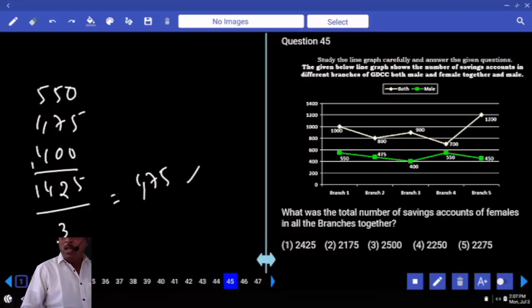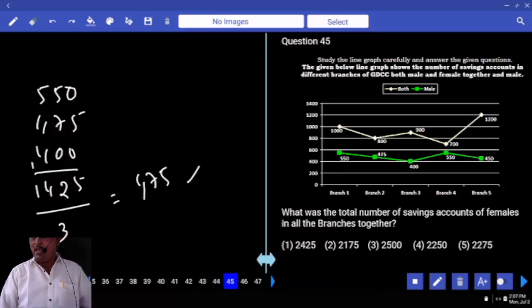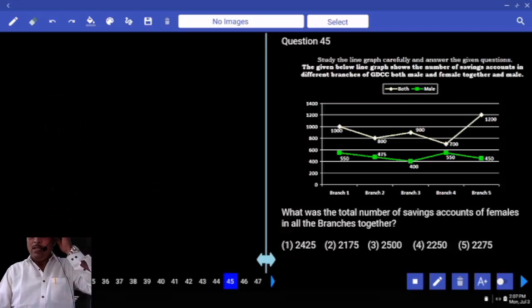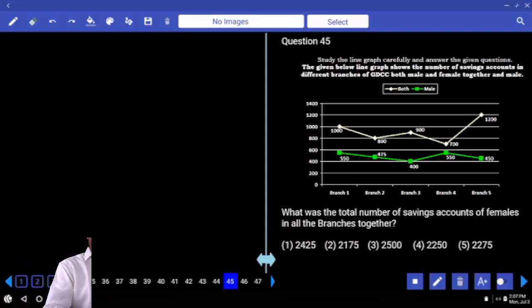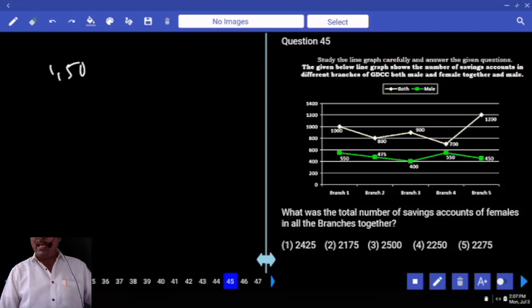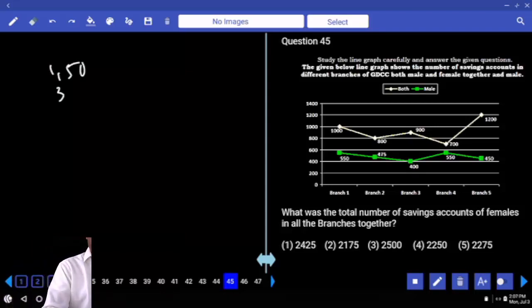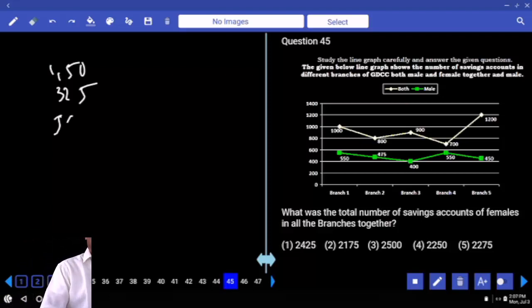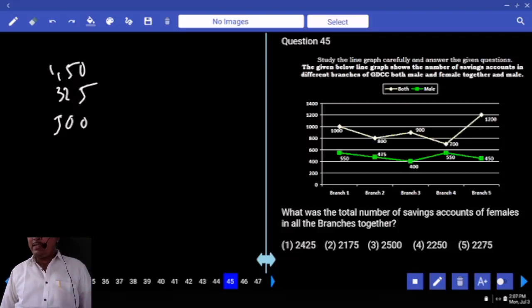45. What was the total number of saving accounts of females in all branches together? We need female accounts, right? Branch 1: 1000 minus 550, 450. In branch 2, 800 minus 475, 325. In branch 3, 900 minus 500... 900 minus 400, 500. Next, 700 minus 550, 150.